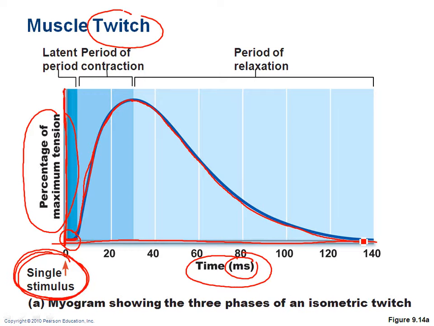What's happening then, if you think back to the story about the neuromuscular junction, is that the calcium, which you have to have out there to allow the actin and myosin filaments to form those cross bridges, is getting bottled back up into the sarcoplasmic reticulum. And the acetylcholine, the neurotransmitter at the neuromuscular junction, is getting broken down. When those two things happen, that's when you have your relaxation.